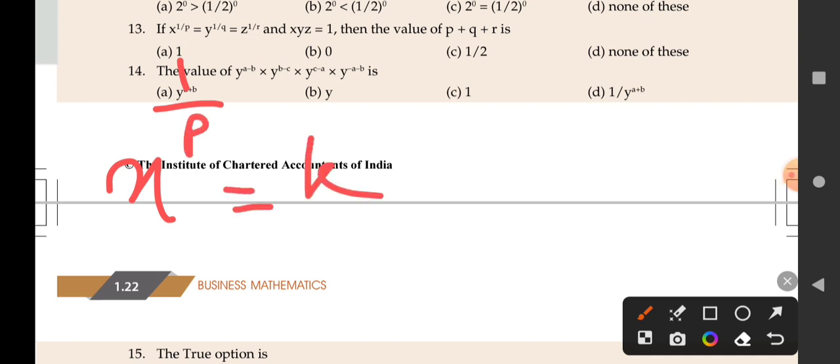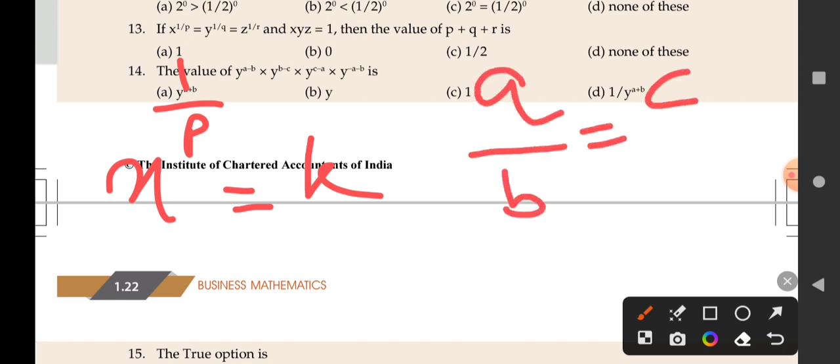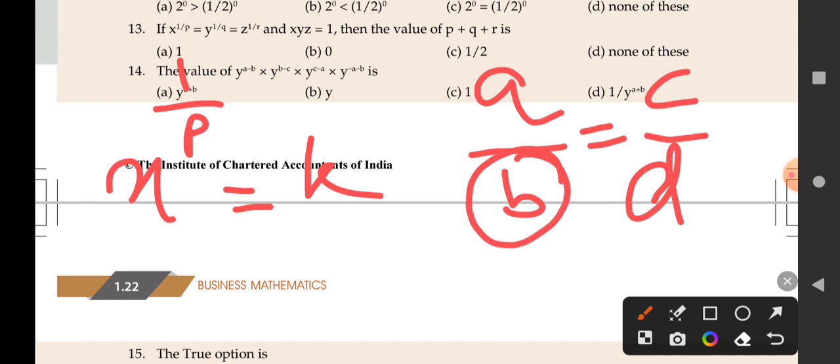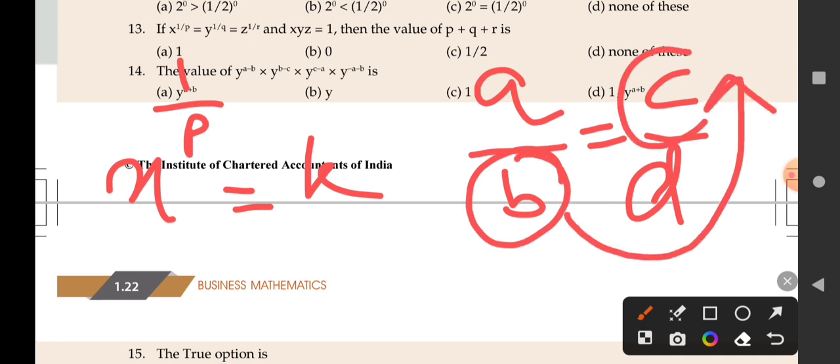When the powers are inverse on one side of the equation, on the other side you will multiply. It's the same way we do for normal bases. For example, when we do a by b is equal to c by d, we multiply b on the other side and divide c on the other side, correct?